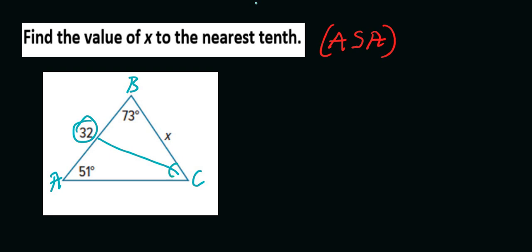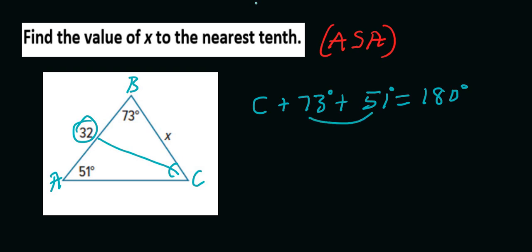So in order to find this angle, we have to add up the sum of the angles of a triangle. So it means that uppercase C plus 73 degrees plus 51 degrees is equal to 180 degrees, because the sum of the angles of a triangle is 180 degrees.